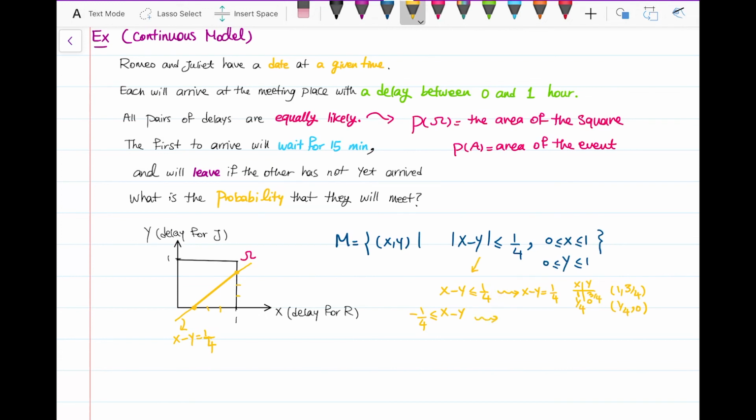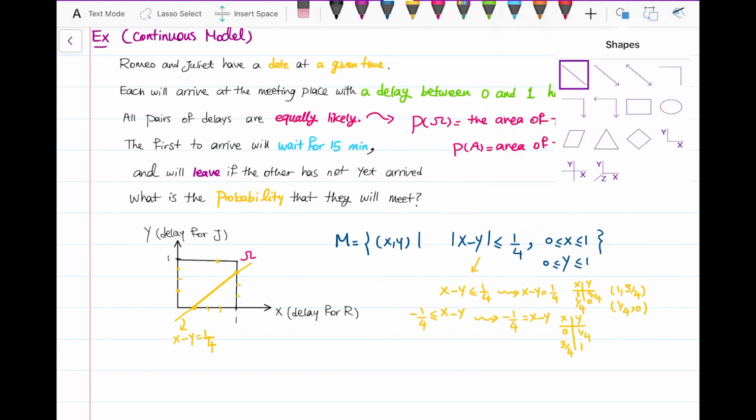We can do the same thing for that one. Let me just make it a little fast. So 1/4 is x minus y. When x is 0, y is 1/4. When y is 1, x is 3/4. So (0, 1/4) and x is 3/4, y is 1.